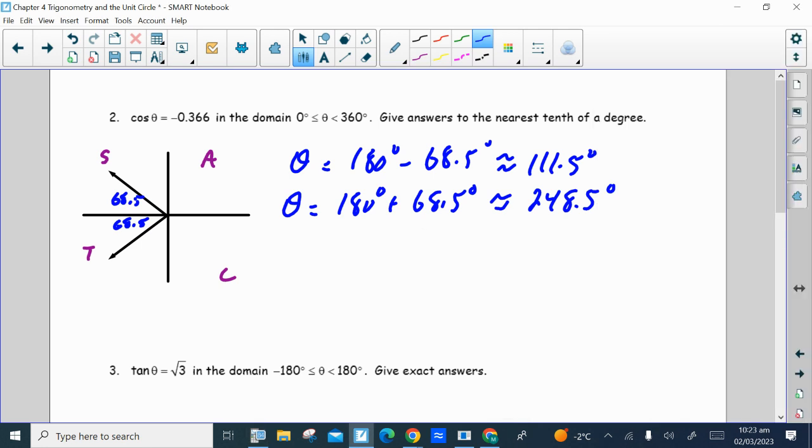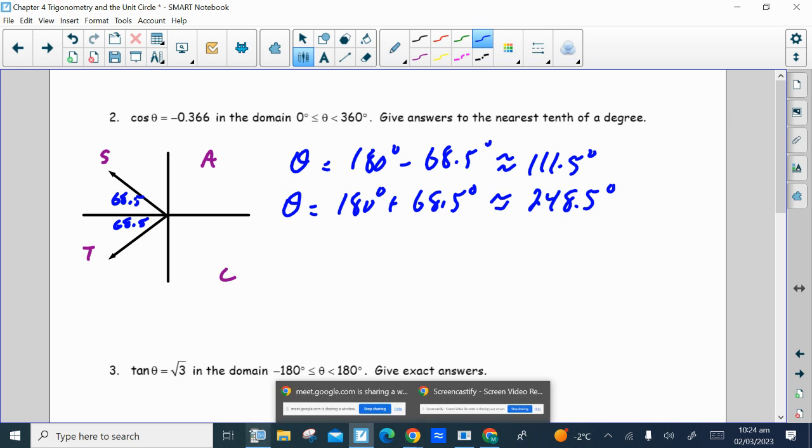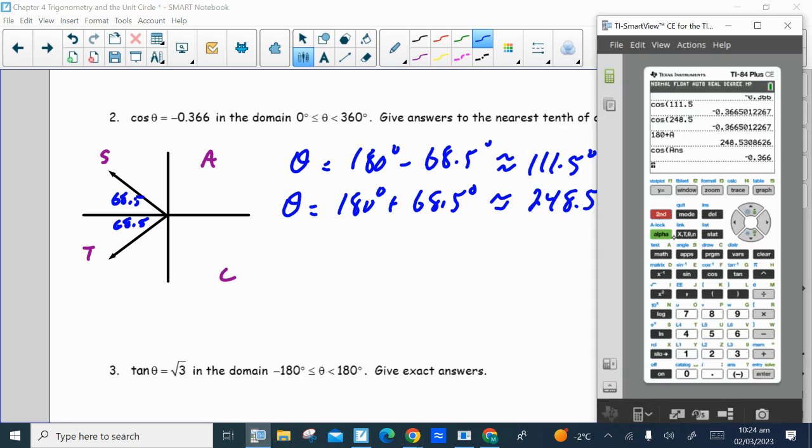Now again, the negative sign in front of the 0.366 tells us what quadrants we're in. To find the reference angle, which is the angle between 0 and 90, you cannot include that negative sign there. Okay? Because if you go second function cos of negative 0.366, it actually gives you that first answer of 111.5 degrees.